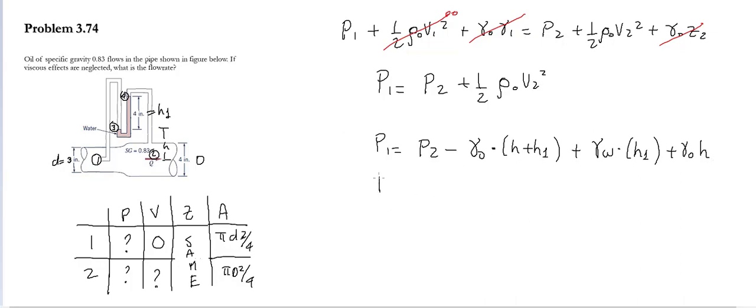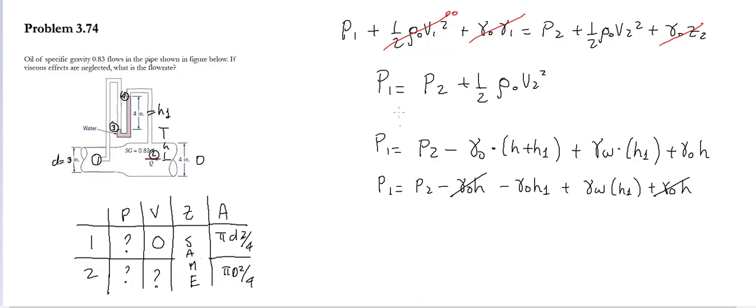So P1 is equal to P2 minus gamma of oil, H, minus gamma of oil, H1, plus gamma of water, H1, plus gamma of water, H. And notice that these two cancel out. And that has to be the case. You are only left with the dimension inside of the manometer.